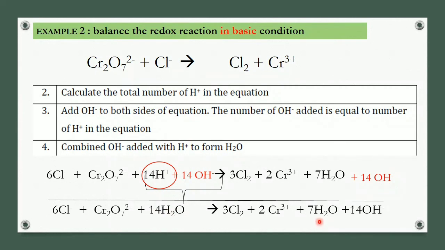So I can simplify this, where I cancel the 7 H₂O on my right side and the left side, when I cancel 7 it will be left with 7 H₂O. So the final balanced redox reaction will be 6Cl⁻ plus dichromate ion plus 7H₂O will produce 3 chlorine molecules plus 2 chromium ions plus 14 hydroxide ions.